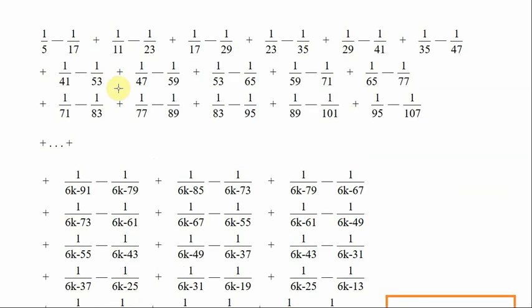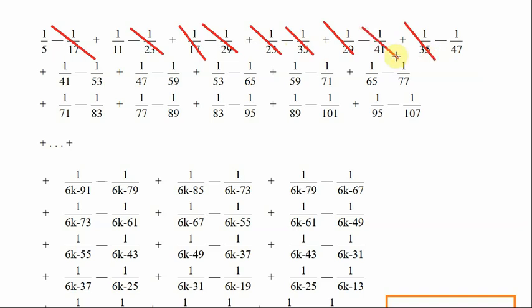And now we can see the terms that will get cancelled. So we see that this minus 1 over 17 and 1 over 17 will get cancelled. And then minus 1 over 23 and 1 over 23, 1 over 29 and 1 over 29, 1 over 35 and 1 over 35.